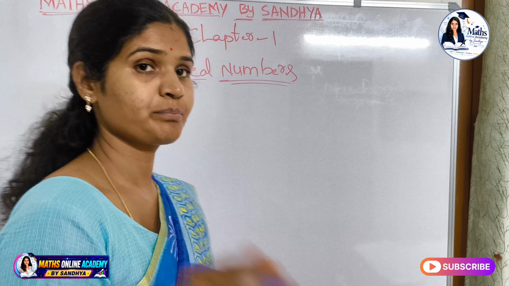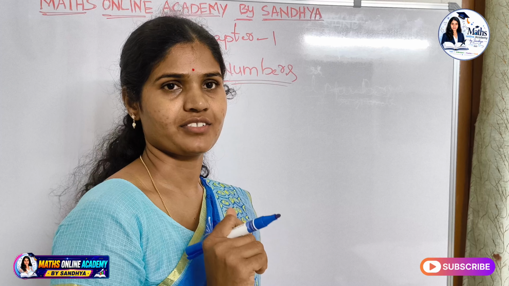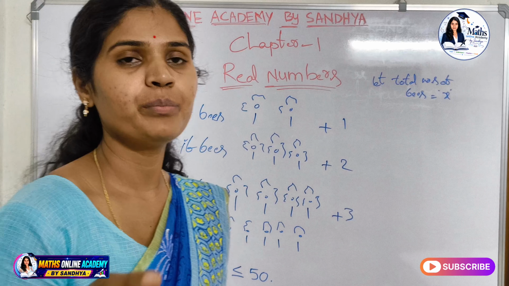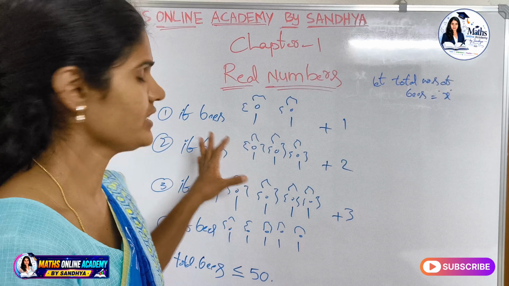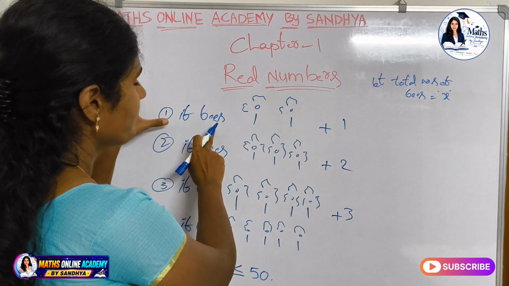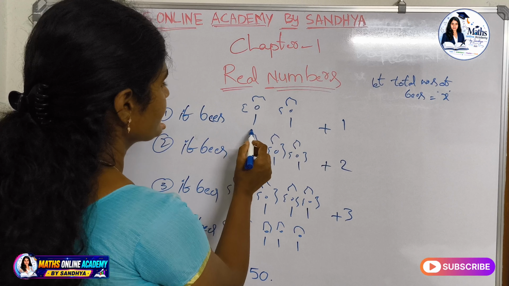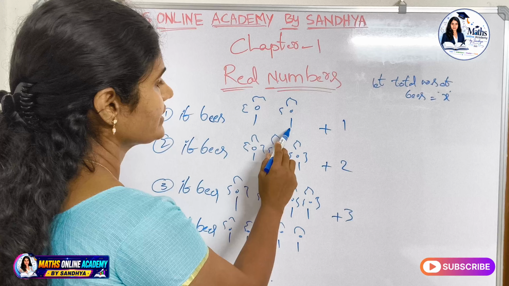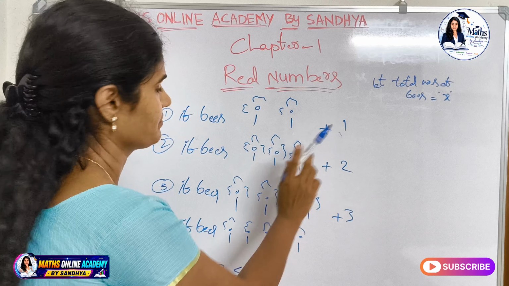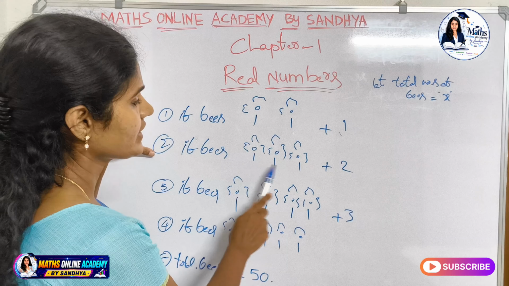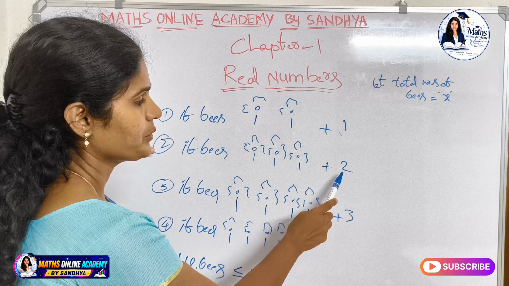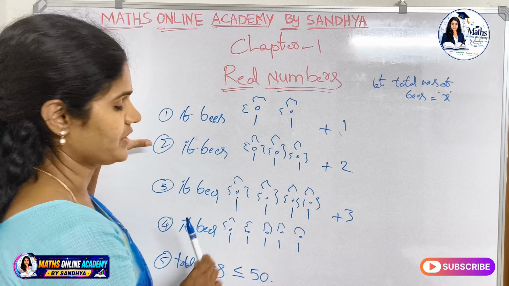In this puzzle, we have 5 conditions. About the bees and flowers puzzle: if bees sit on 2 flowers, 1 bee is left. If bees sit on 3 flowers, 2 bees are left over.